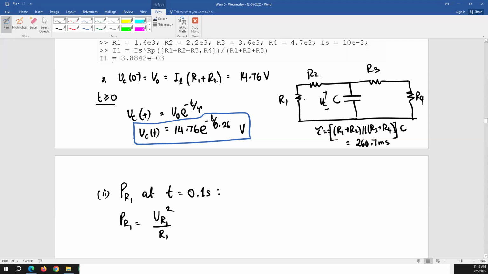You can write the equation first, that's okay. And VR1 we can find using VC: VC times R1 over R1 plus R2, squared. This is voltage division.